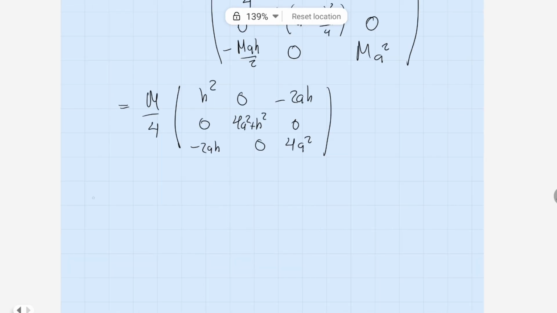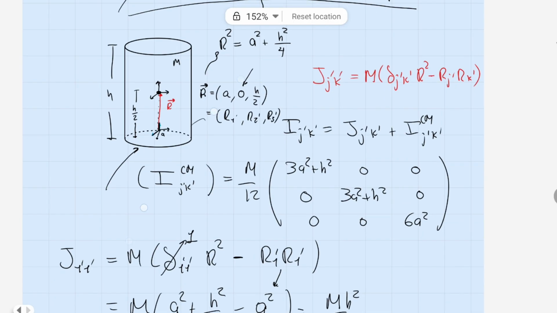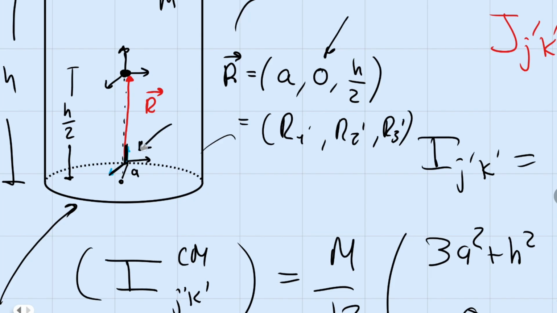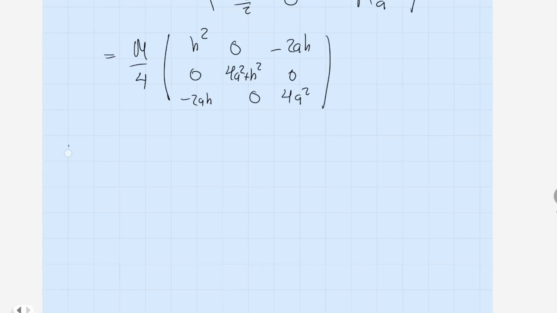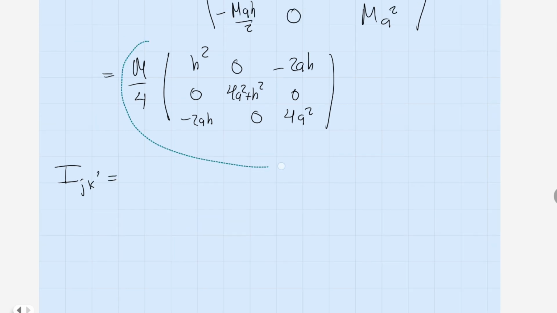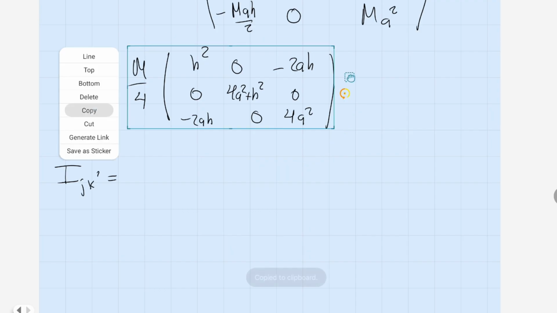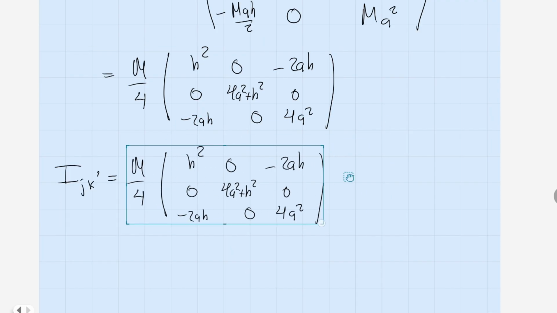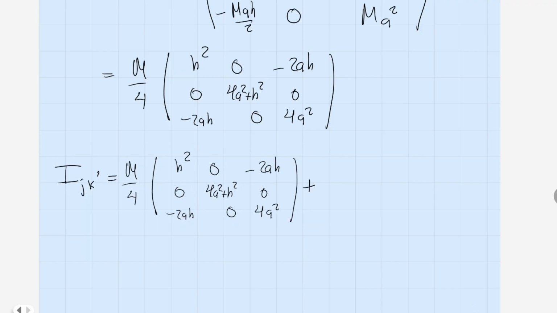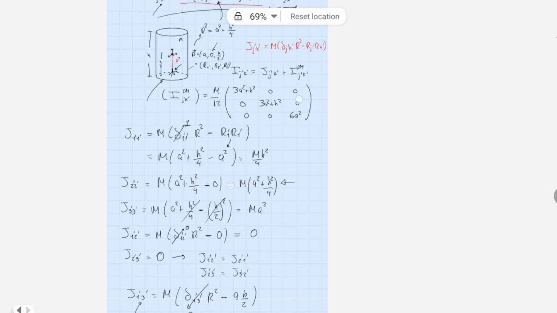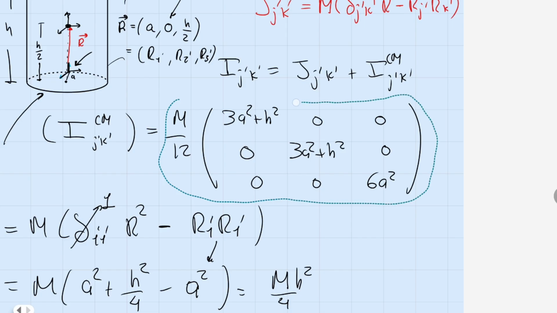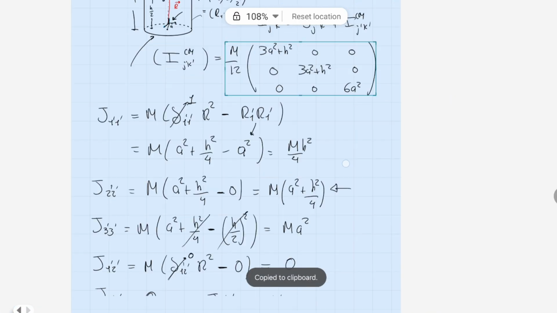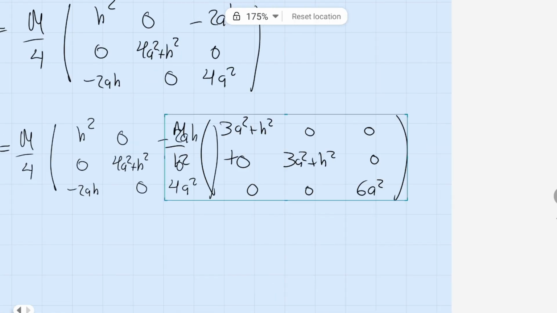And again, like I mentioned, the new inertia tensor that is associated to this coordinate system at the base of the cylinder is going to be the sum of the matrices that we already know. So it will be this matrix for the J tensor, plus this matrix that we found in that video that I mentioned, the one where we calculate the inertia tensor of a rigid body using the cylinder example.